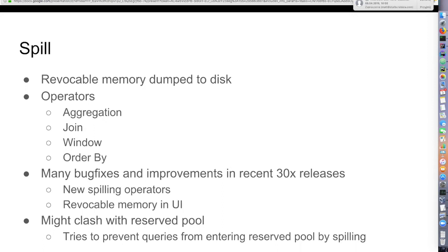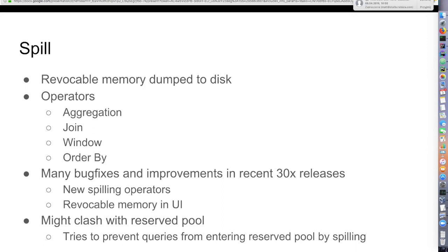There have been a lot of improvements to spilling in the 300 series of releases. There were a couple of bugs that prevented spill from working, and there was not much instrumentation to monitor the spilling. At the moment, in the current releases, you can also monitor how much revocable memory a query takes.